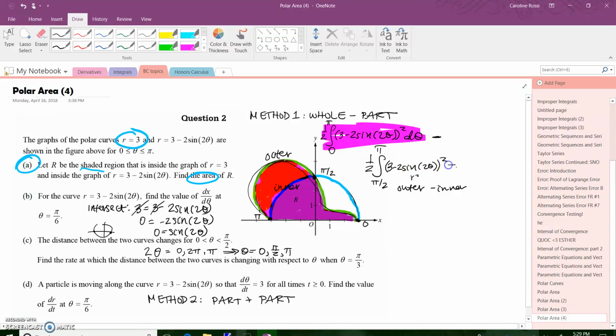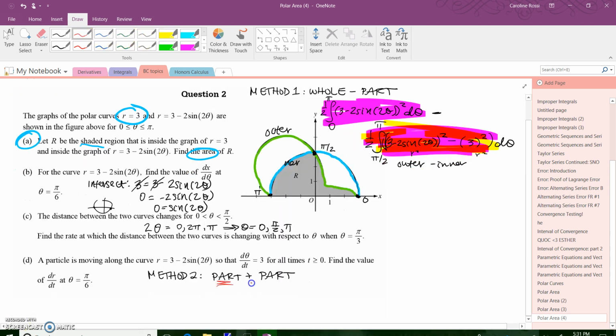So that's r squared minus another r squared. The inner is part of my circle. So that right there is what I did in yellow and purple there. Okay, so pause that, and I'm going to do the other method with you.